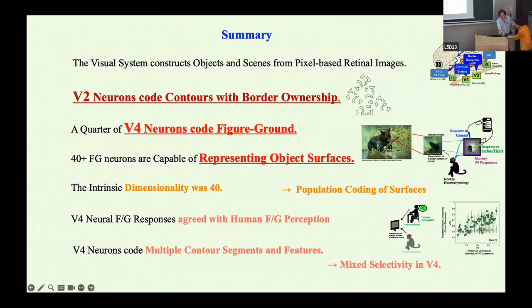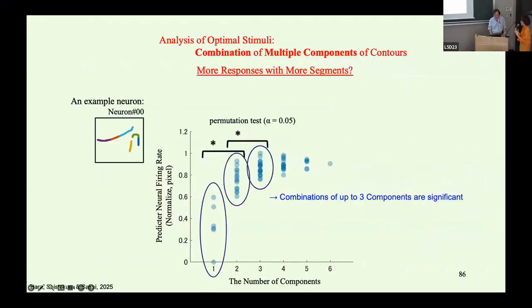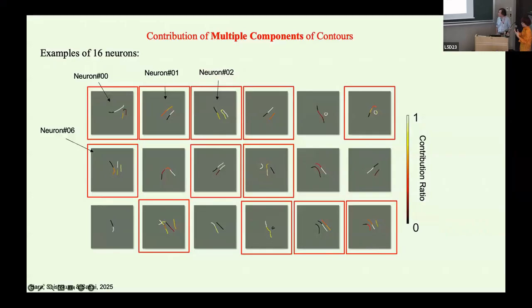Push. So in the last part of the presentation, you showed the different parts of the stimulus. Do you find any shape parts that reduce the response?